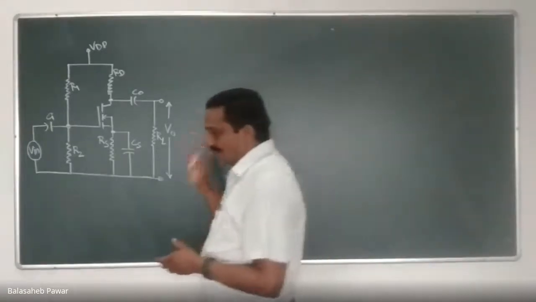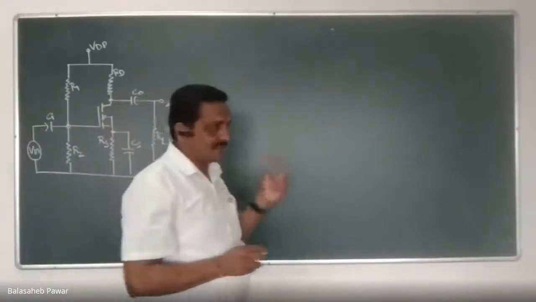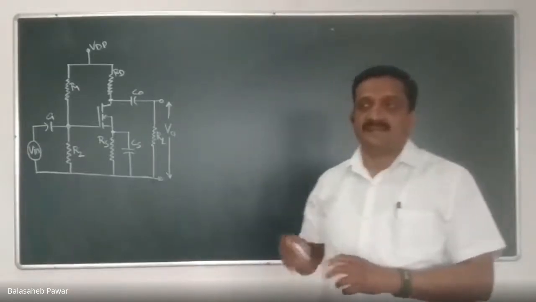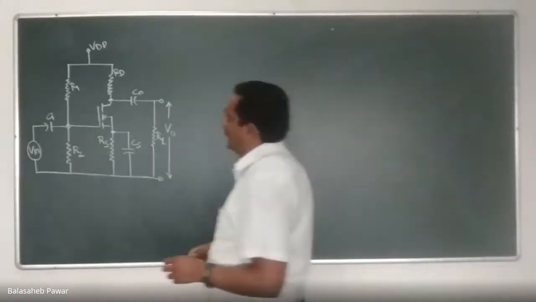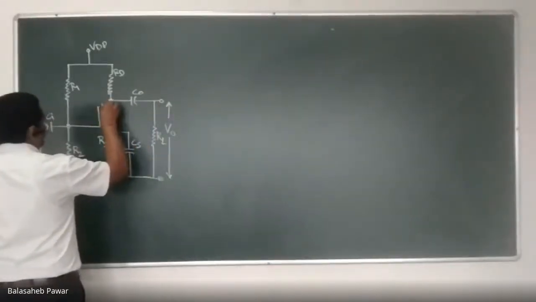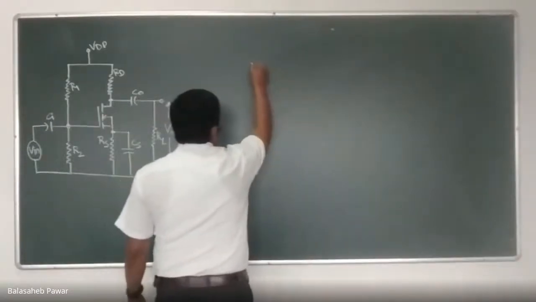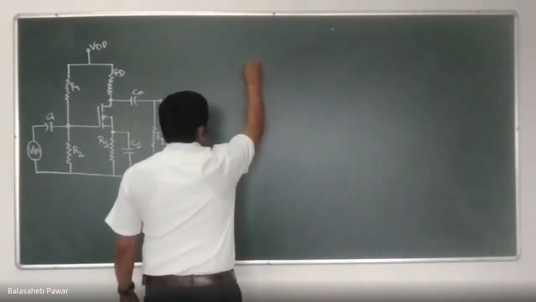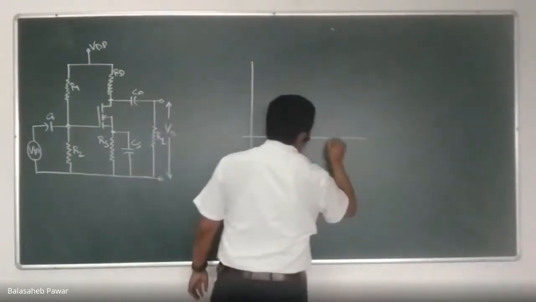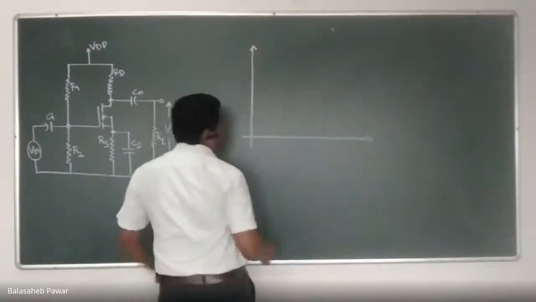So exactly how that phase shift occurs, today I will try to show you by graphical presentation as well as mathematically. First of all, I will show the DC load lines and the applied input and the obtained output signal by that graphical presentation. So try to learn it again.